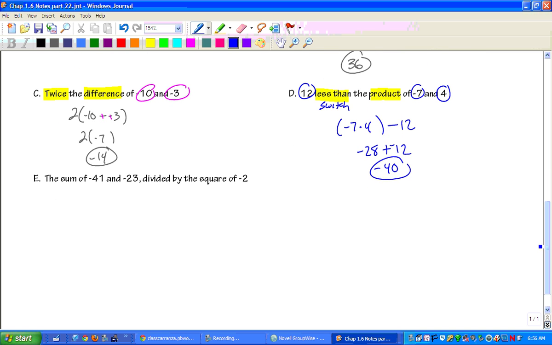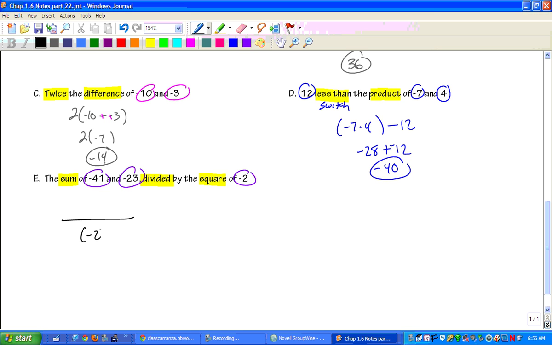And finally, letter E. It says the sum of negative 41 and negative 23 divided by the square of negative 2. So sum divided by square. Let's see, we have negative 41, negative 23, and negative 2.